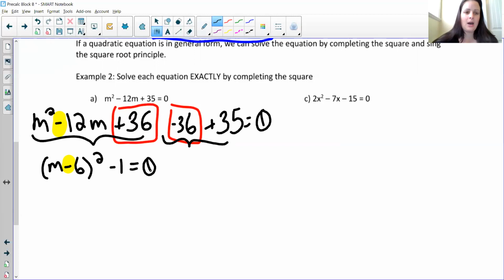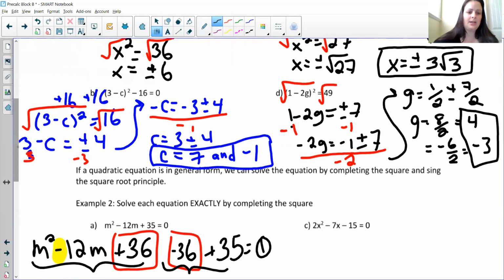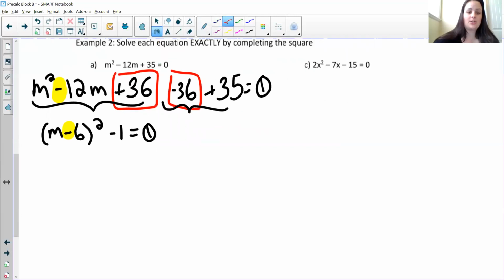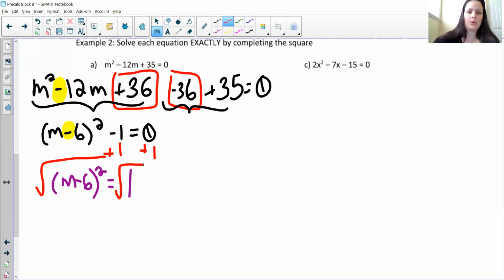Okay. And now we are right back to where we were up here with example 1b, and we're going to solve it the same way. So we're going to add 1 to both sides. We're going to be left with m minus 6 squared equals 1. We're then going to square root both sides.